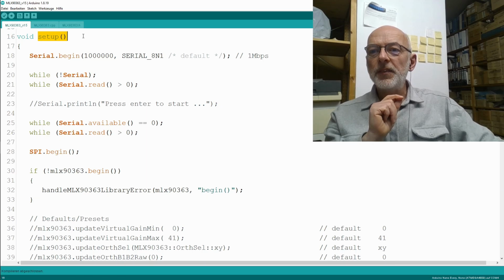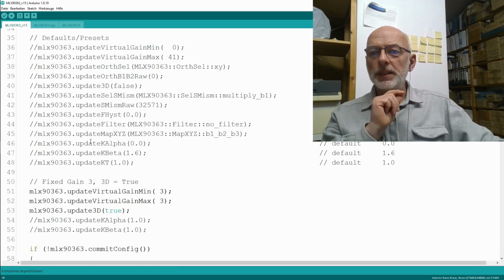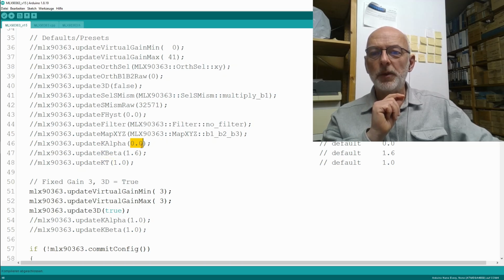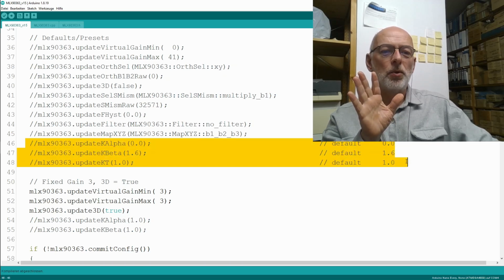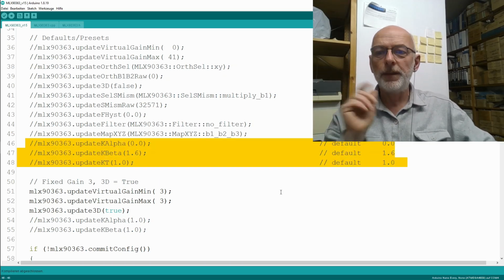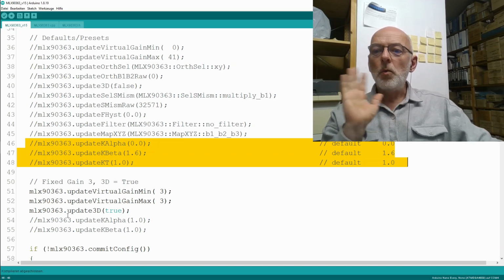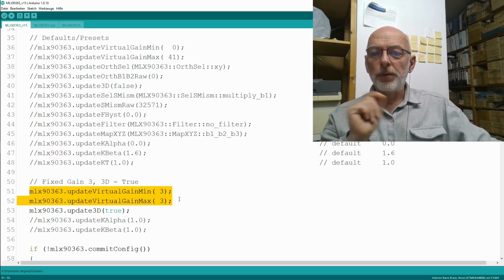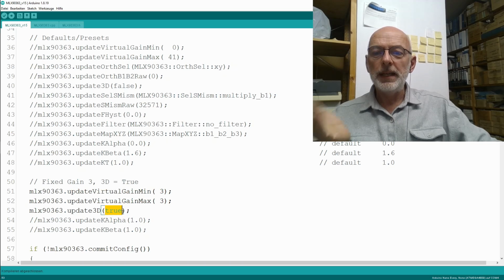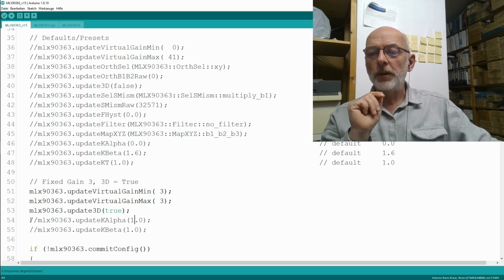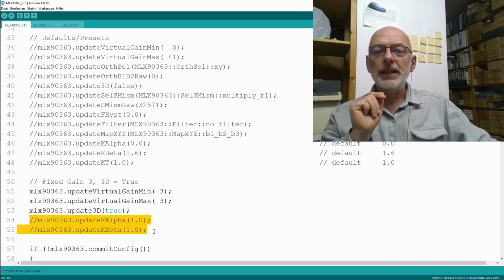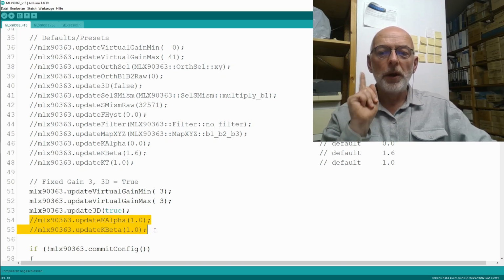In the setup, I noted down the update statements for KALPHA, KBETA and KT to their respective default values, just in case I want to reset them to the defaults in the future. Then we still have a fixed gain of 3, and of course 3D is set to true, and later on I will first set KALPHA and KBETA to 1.0.